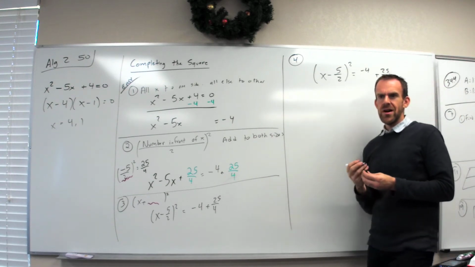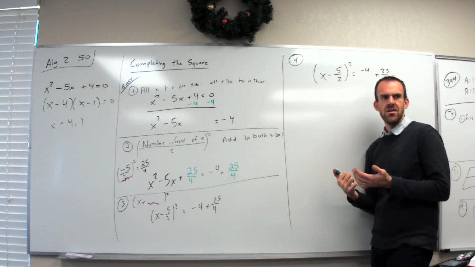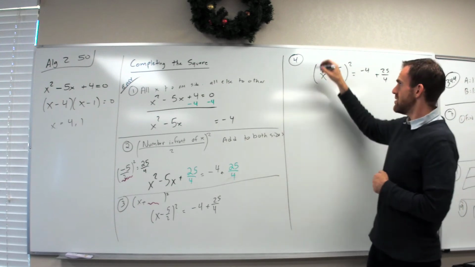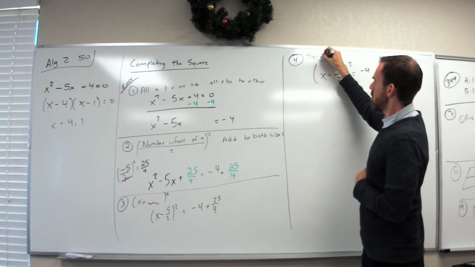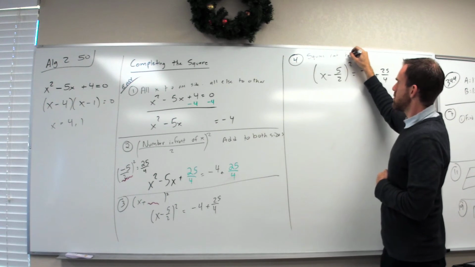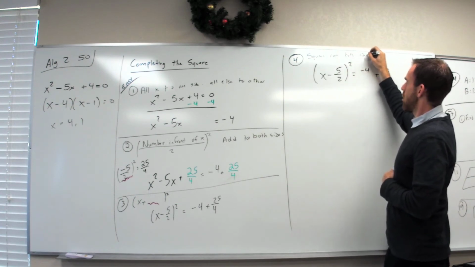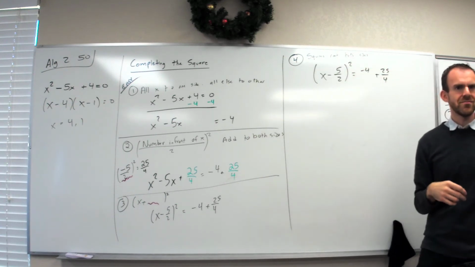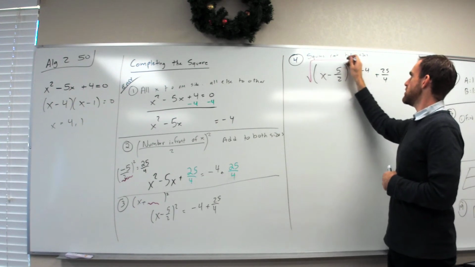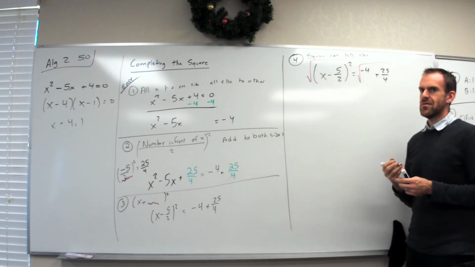How do I undo a squared? That's your real question. Well, you take the square root of both sides. It's gross. That's fine. This is the easy way.